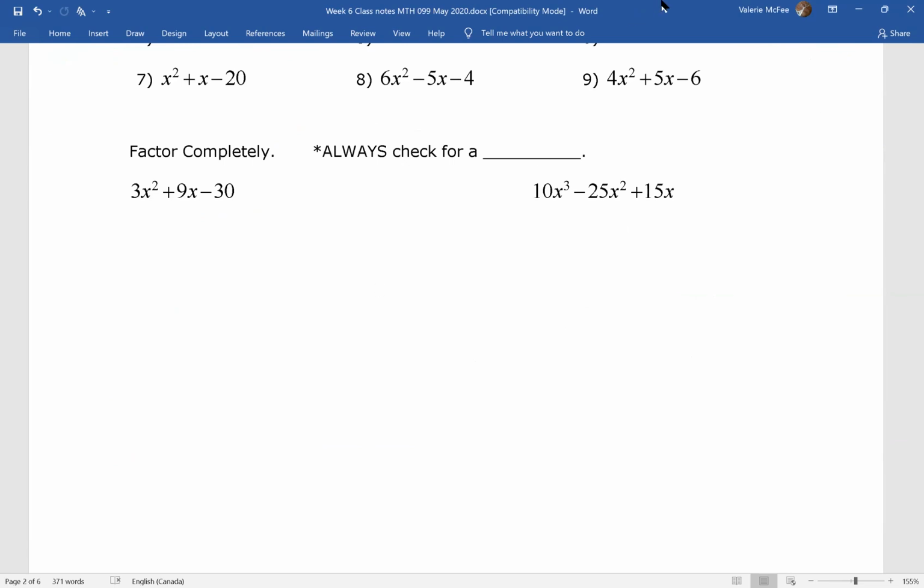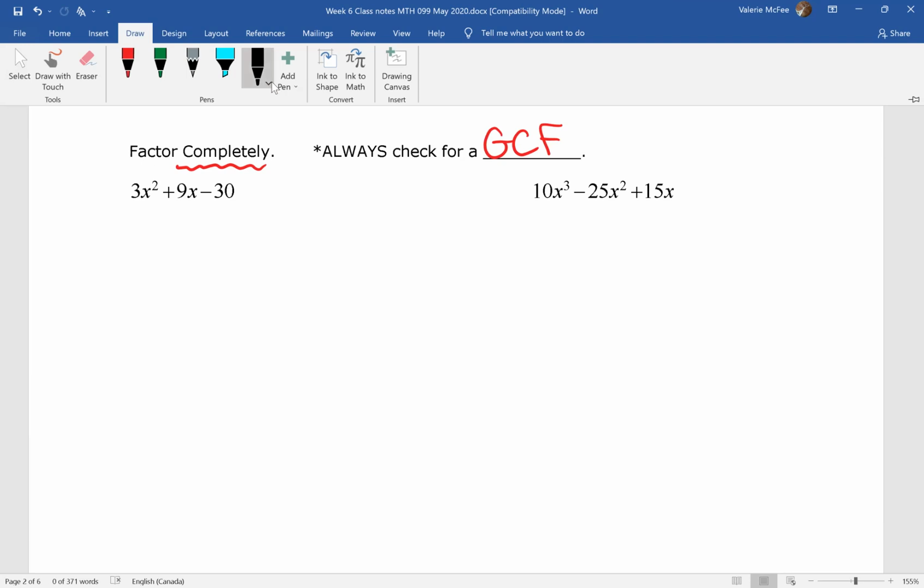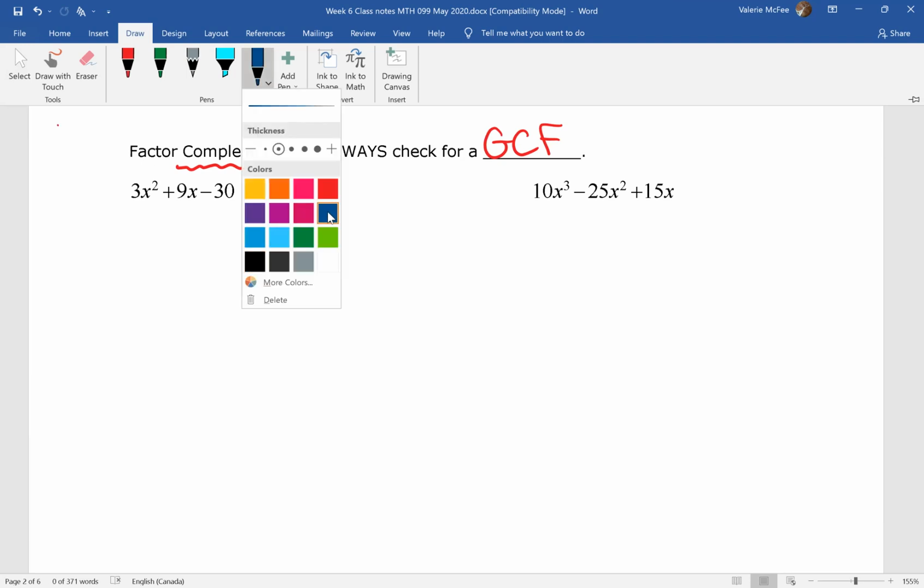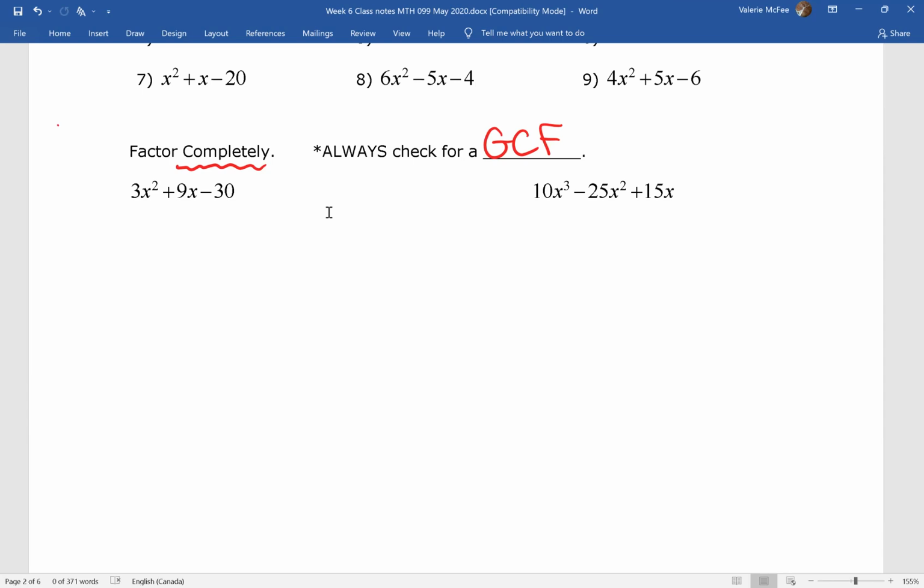Now, of course, there are always ways to make questions a little more interesting. And sometimes you're going to be reminded that you need to factor completely. That means you need to pay careful attention and always check for a greatest common factor. So if I look at the first question here, I see that there's a greatest common factor of 3.